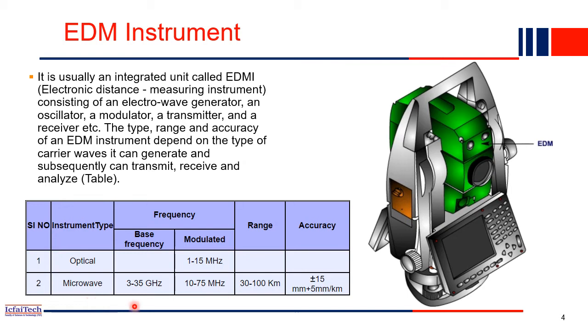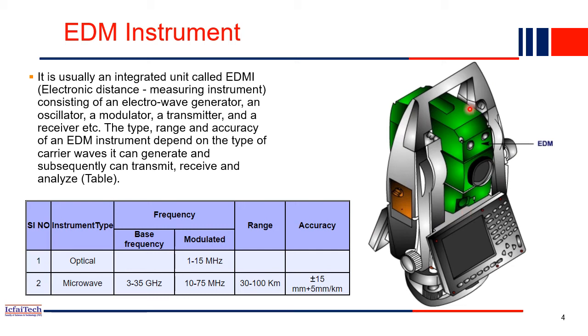Now you can see the accuracy of the microwave instrument, with its base frequency and modulated frequency, and the range is 30 to 100 kilometers. Can you imagine? If the line is straight and visible, you can take measurements using a single instrument, without any intermediate point.